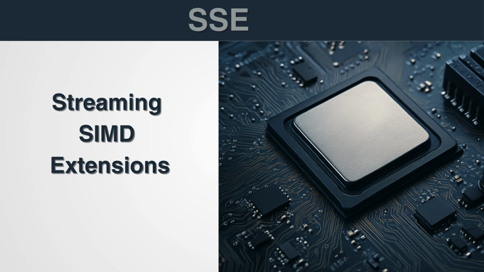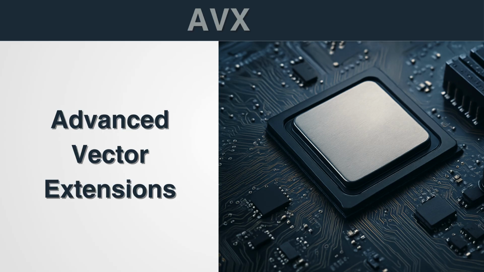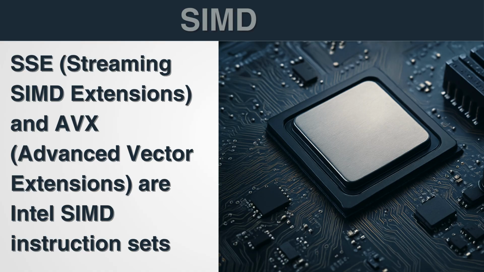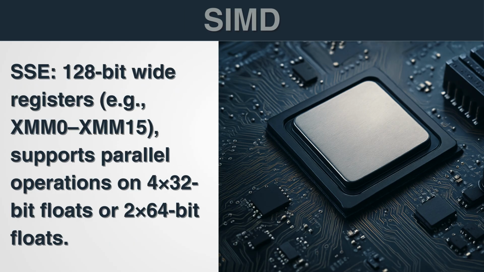And SSE, that's streaming SIMD extensions, and AVX is advanced vector extensions. These are Intel SIMD instruction sets. SSE, think of 128-bit wide registers, supporting parallel operations on 4x32-bit floats or 2x64-bit floats.